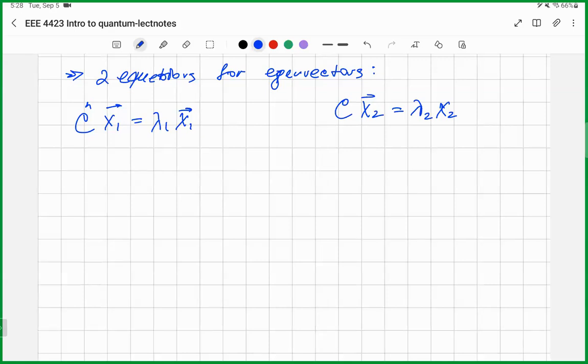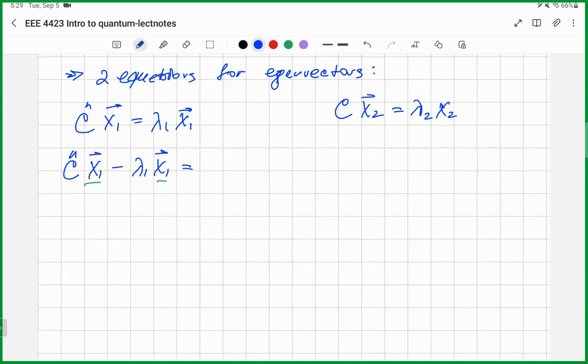So let's rewrite this, I mean the first equation: C matrix x1 vector minus lambda 1 x1. Here x1 is common, and I want to take it out of the parentheses to factorize this.